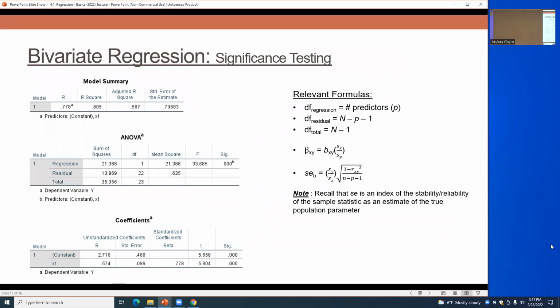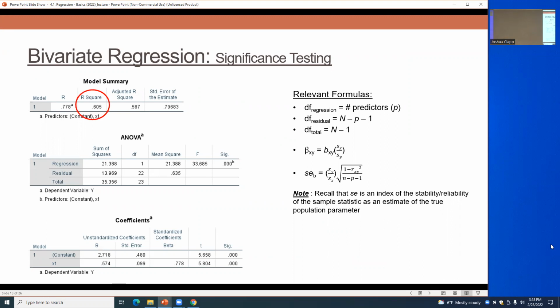All right. So bivariate regression, if I'm running this in SPSS and looking at my significance, at the very top I'm going to get my model summary, okay? And it's going to give me my R squared. This R is my multiple correlation. This is functionally the correlation of my outcome with the combination of all my predictors.